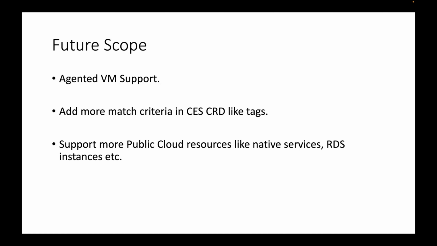So that is the idea. If a resource has a network security group and we can create an external entity for it, then we should be able to protect it and apply Antrea network policy on it. More public clouds like GCP, and we will also evaluate how to support deny action, as Jinjun mentioned.